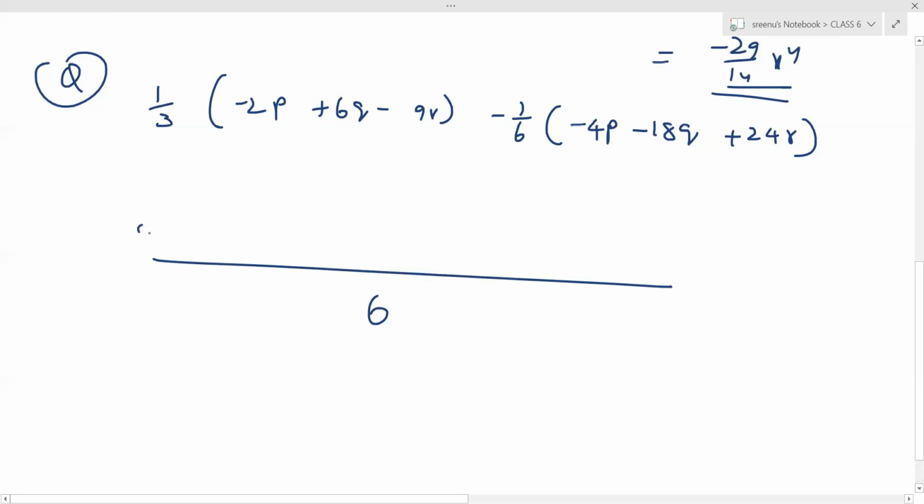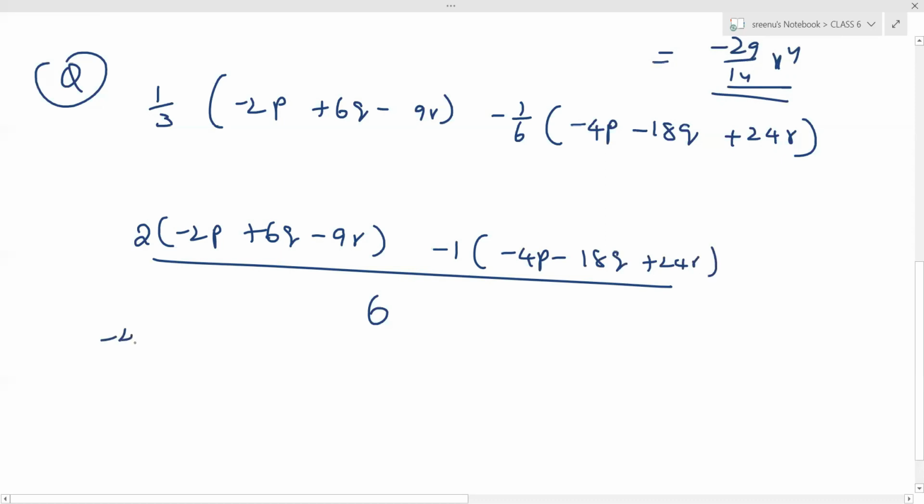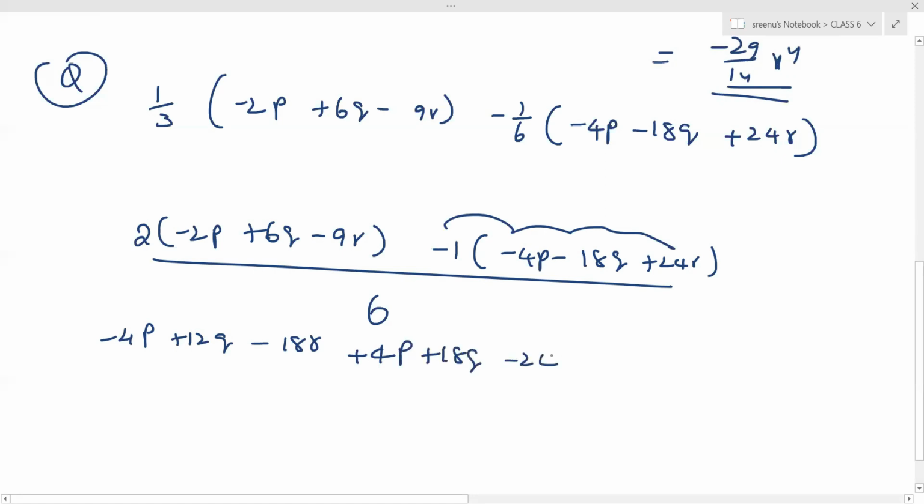Here it goes 2 times: minus 2p plus 6q minus 9r. Here it goes once: minus 4p minus 18q plus 24r. Just multiply: minus 4p plus 12q minus 18r. Here we are multiplying with minus, so minus times minus is plus: plus 4p plus 18q minus 24r, all by 6.